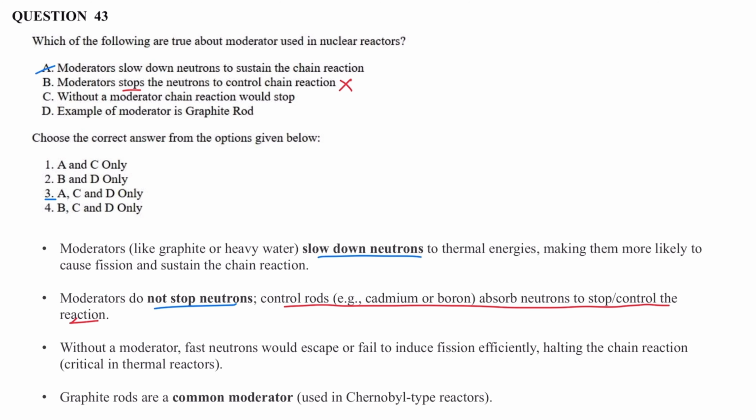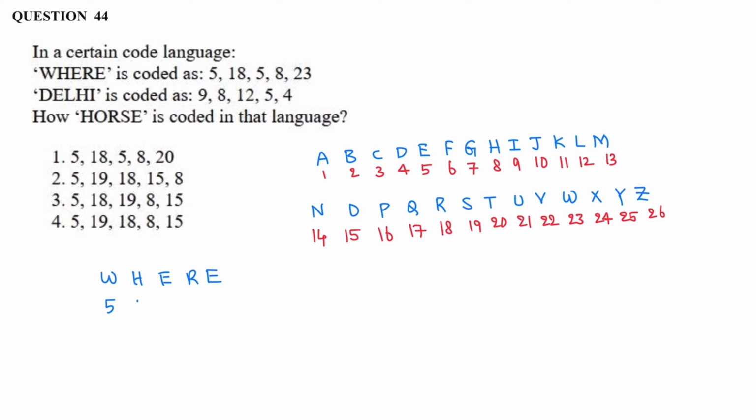Question number 44. In a certain code language, WHERE is coded as 5, 18, 5, 8, 23 and DELHI is coded as 9, 8, 12, 5, 4. How is HORSE coded in that language? Write the alphabets in the sequence here: W, H, E, R, E. WHERE is coded as 5, 18, 5, 8, 23.